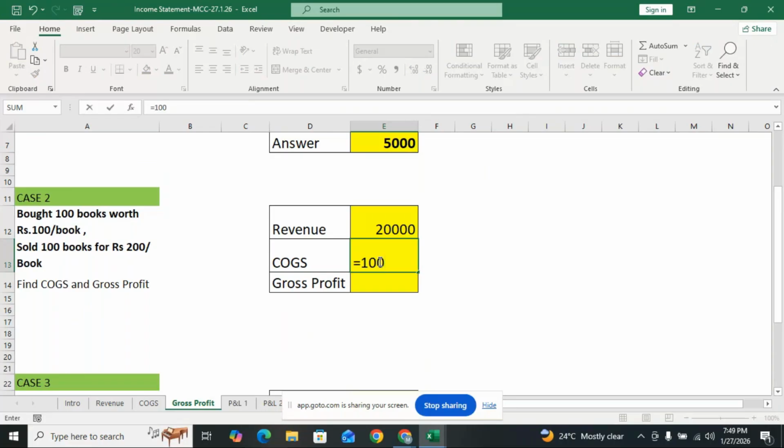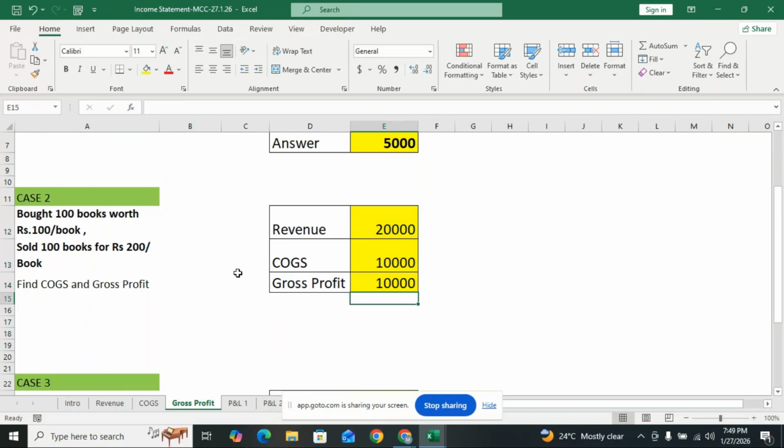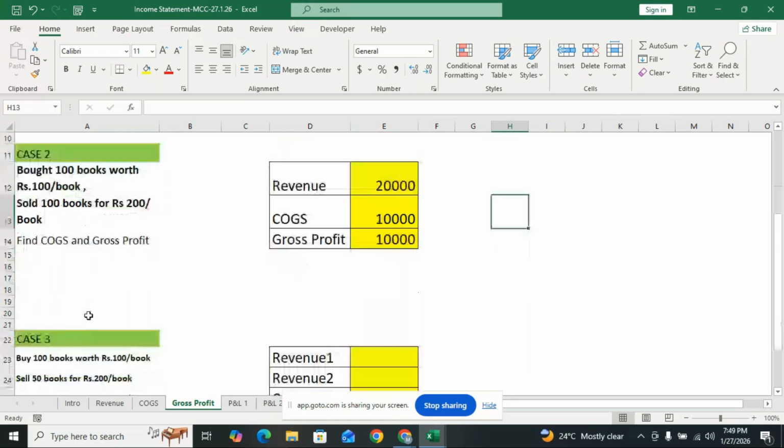And the cost price of these 100 books is 100 per book, which is 10,000. So your GP equals 20,000 minus 10,000, which is 10,000 rupees as the gross profit. I hope you've got the same answer.